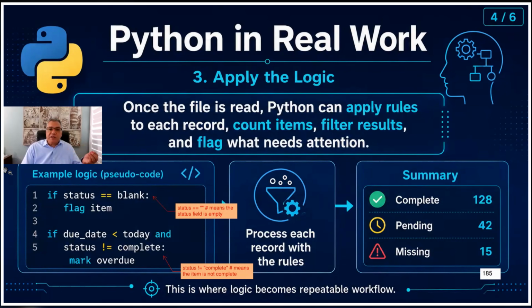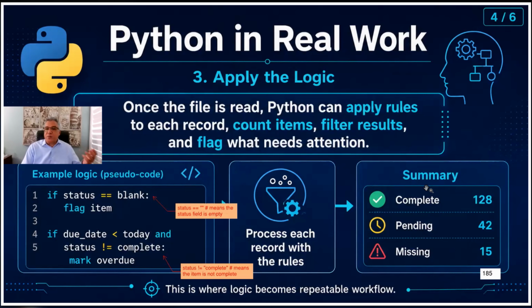So Python will take all of this information, analyze it for you and apply rules. Whatever rules and filters and flags you want to give, Python will apply them and give you the summary.